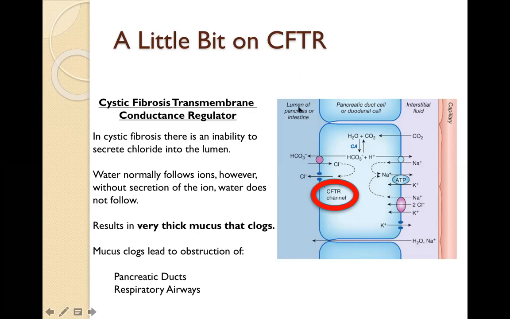You can imagine that if there's very thick mucus within the pancreatic ducts, it'll clog them, and any digestive enzymes that you'd like to get out into the small intestine can't get there. And that leads to a lot of problems. So that's a little bit on the cystic fibrosis transmembrane conductance regulator. This is the CFTR channel, and this is coded for by the CFTR gene.